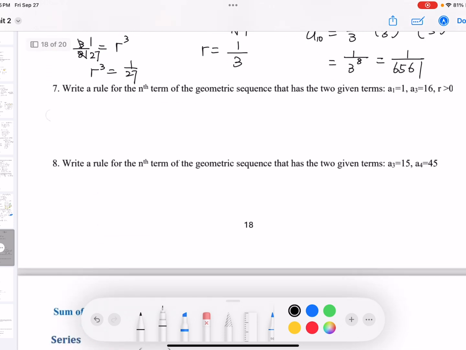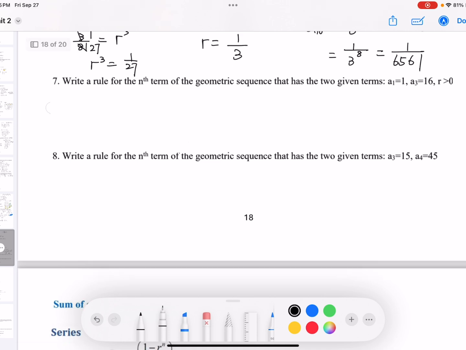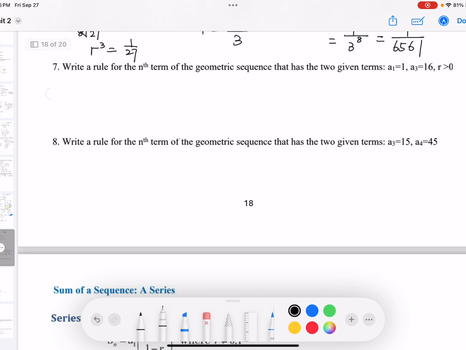Write a rule for the nth term of the geometric sequence that has 2 given terms. So this question, find a rule of nth term. I'm looking for a sub n. What is a sub n?